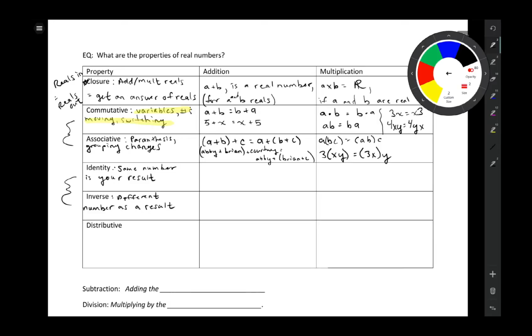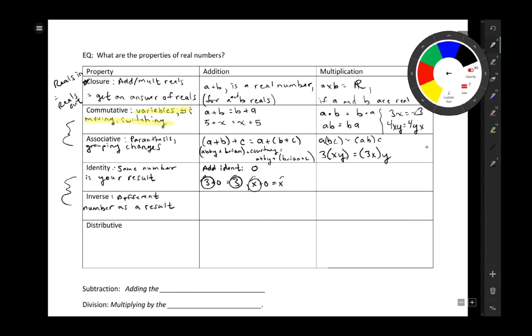So the additive identity. Well, what can you add to any number to get that same number? It's 0. 3 plus 0 equals 3. Same number in, same number out. X plus 0 equals x.